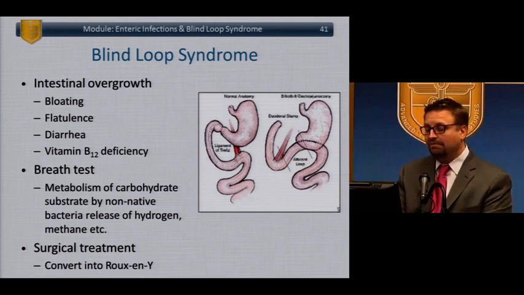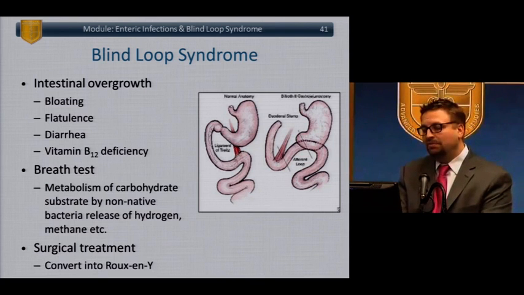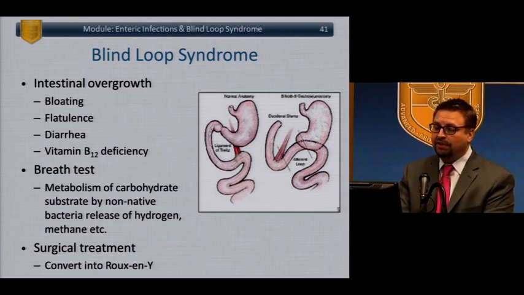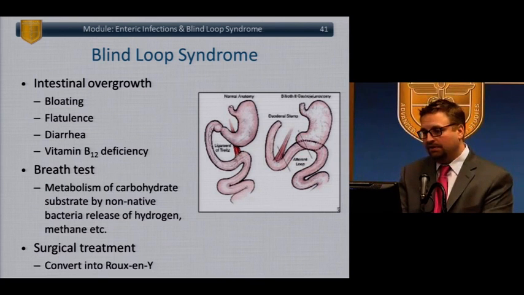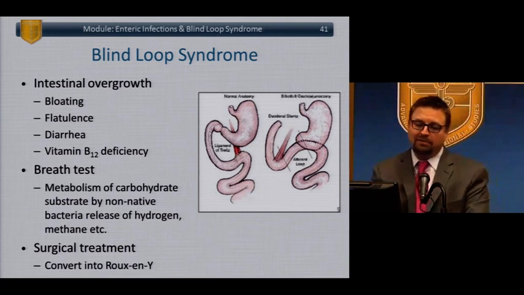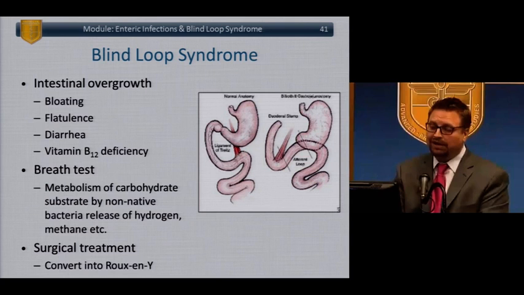This commonly will be seen in patients who have had, say, ulcer operations, as you see here in the slide, and then they get bacterial overgrowth in the loop that is not in the flow of their intestinal contents. This can be treated either by antibiotics or, if refractory to that, by converting to a Roux-en-Y anatomy.